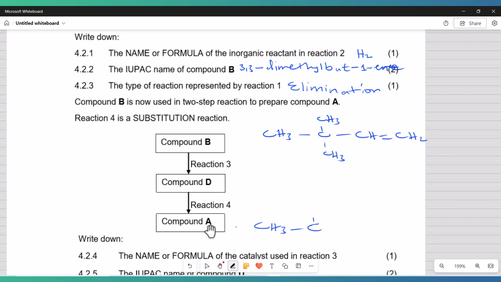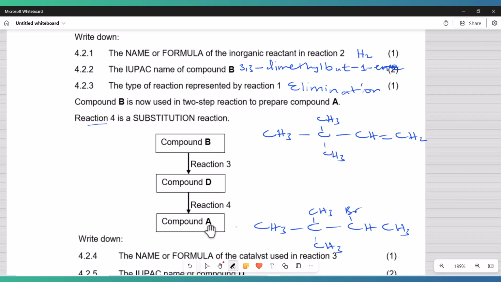This is CH3, this is CH3 here, this is CH, then CH3 here. So this must have been our compound A, approximately. So what must we do? In this case, reaction 4 is substitution.